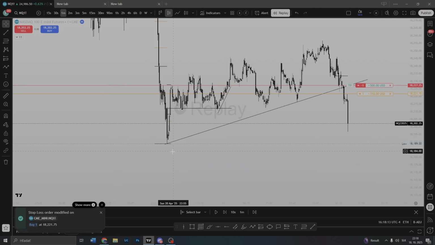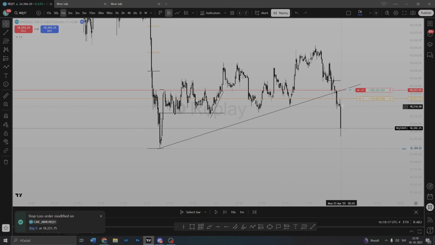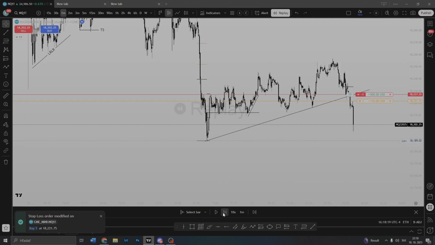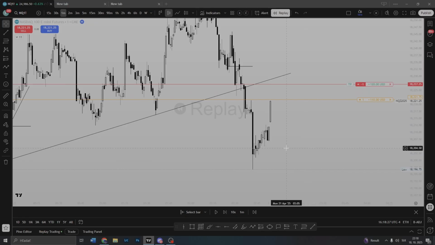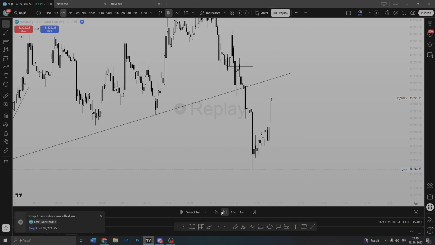And now the next target, this swing point right here. With the speed of it, I'm more than sure that we'll reach it. If not, that would be pretty bad for me. Alright, we'll get probably stopped right here. Alright. So now we are just waiting for the next entry.